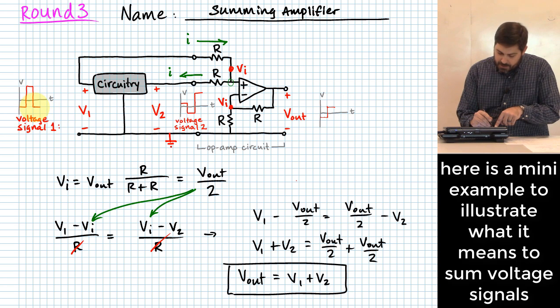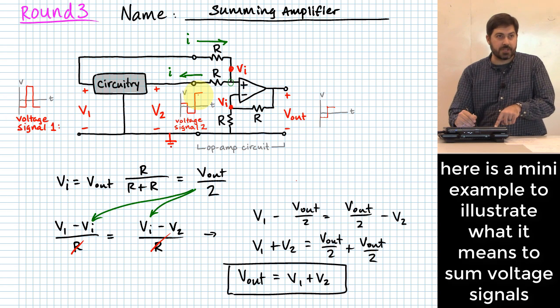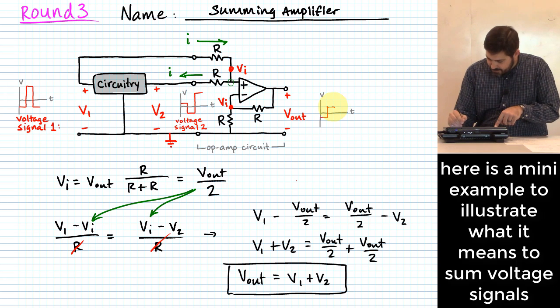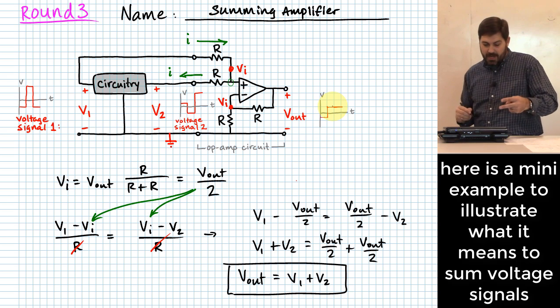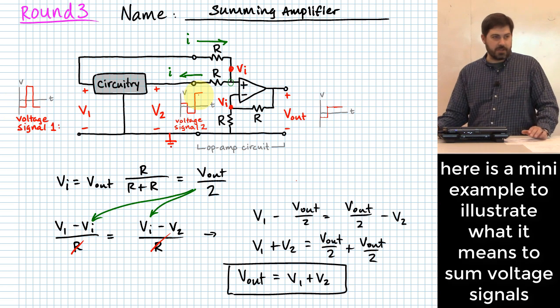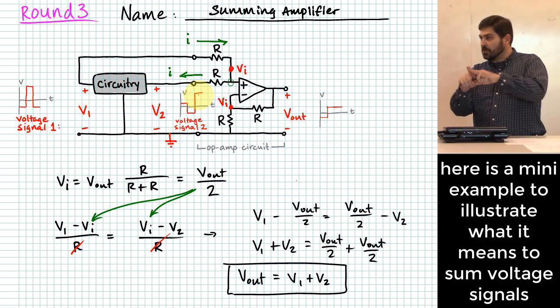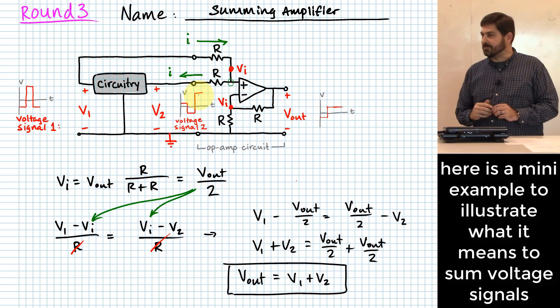And then it goes to -1 for voltage signal 1 and +2 for voltage signal 2. What's it do from that point on? It actually holds at the same value, right? Because whether I have 2 minus 1 or whether I have -1 plus 2, I end up at 1 either way. So I just wanted to give you a visual of what this is doing. It's taking these two voltage versus time signals, adding those two signals together, and that becomes an output signal. Isn't that neat?